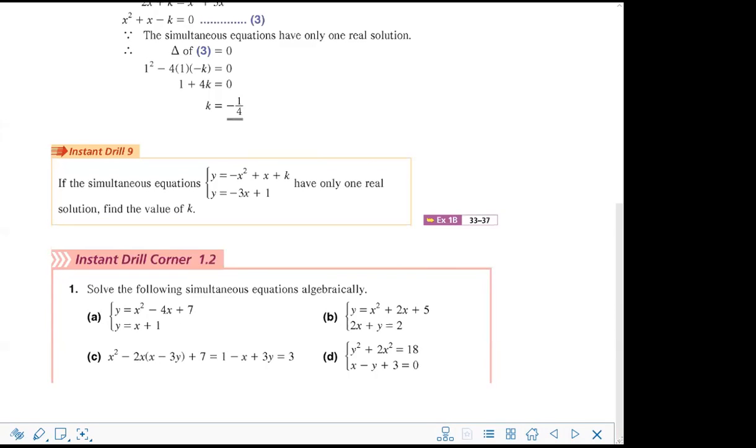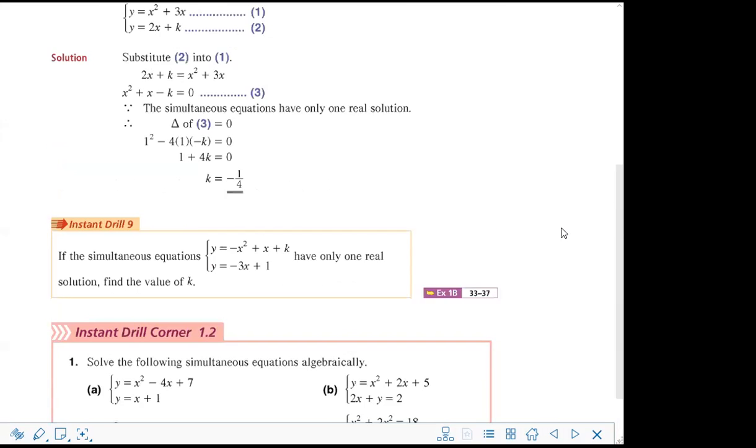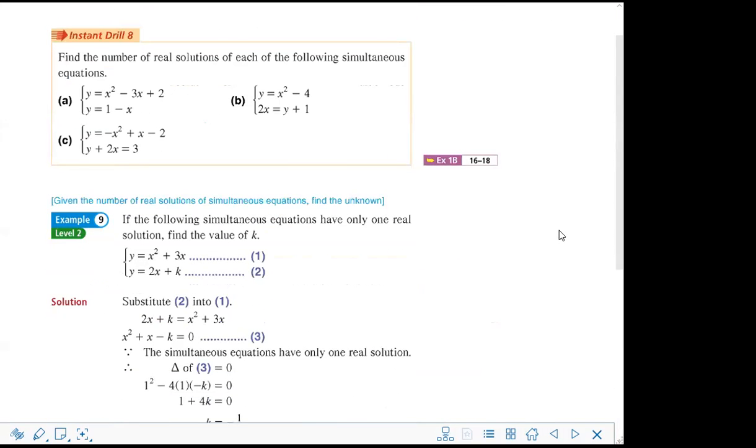So please do instant drill corner 1.2. And this one is on page 1.19.